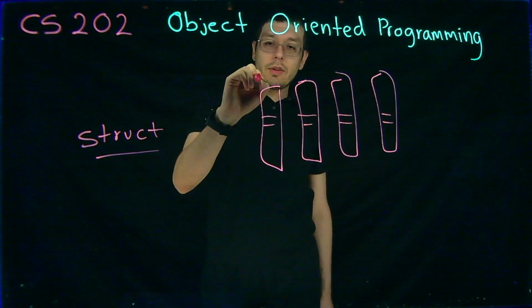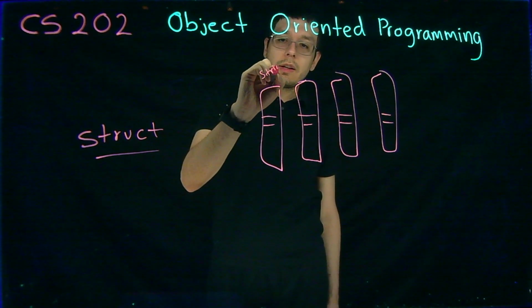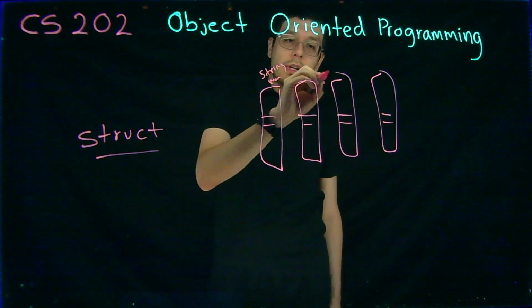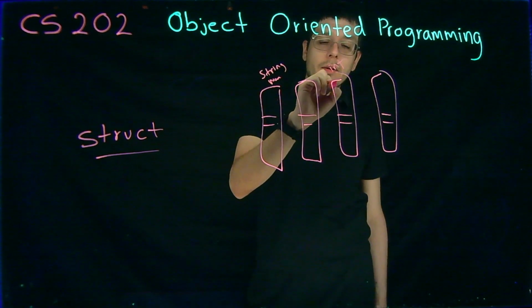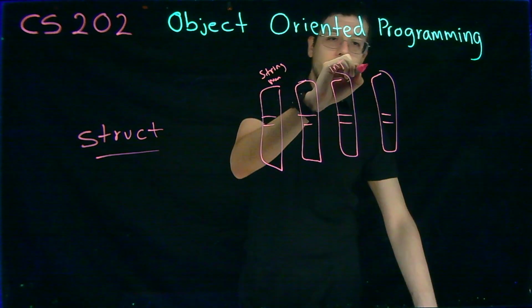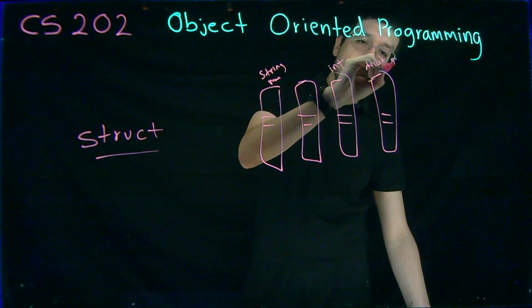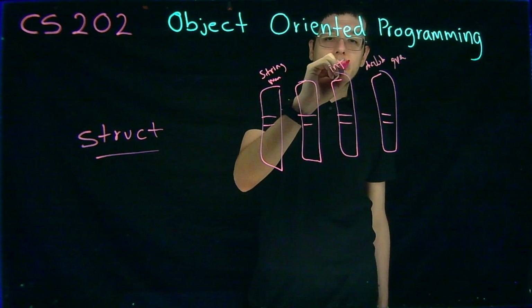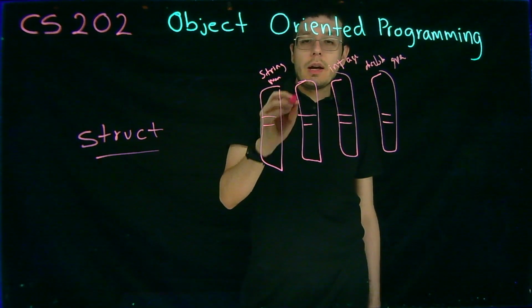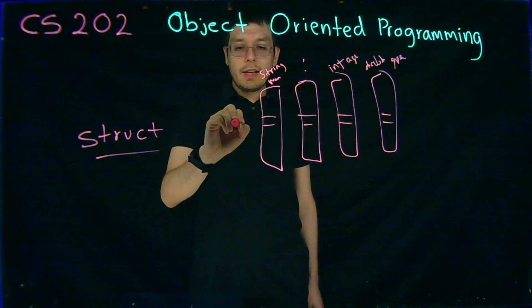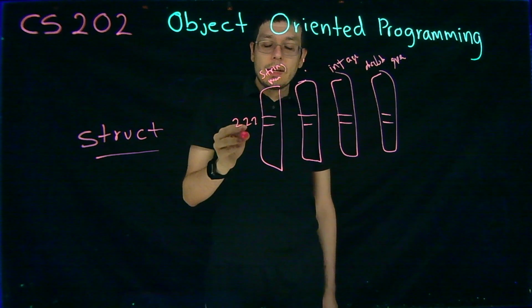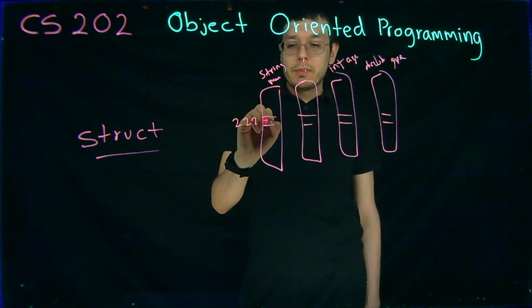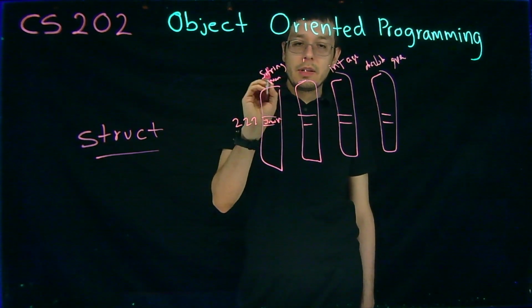So this is a string array. It keeps the name of the student, and here's an integer array. Or here, let's do a double one. It keeps GPA. For integer, we can do their age. And this is something else, right? So we can say index 222 is going to have the name John Wick.